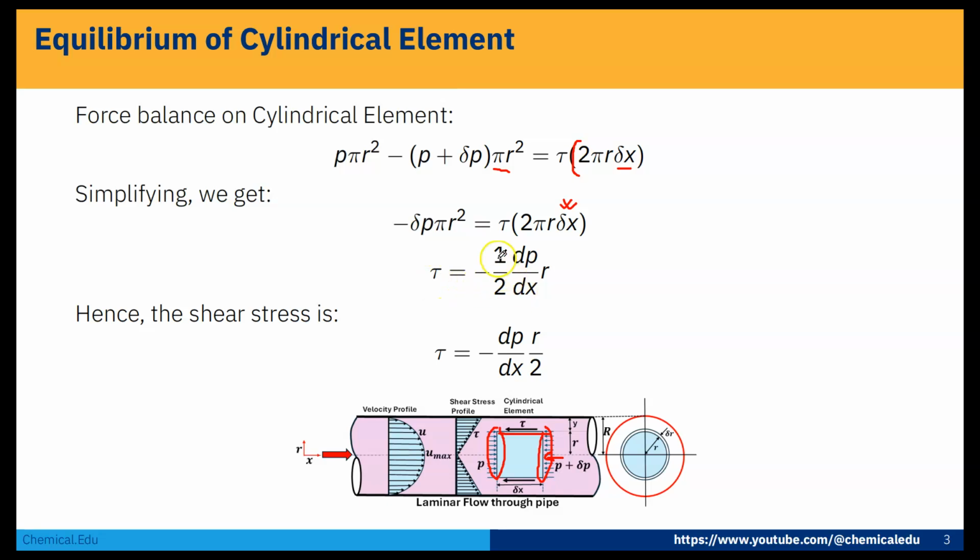So tau will be minus half dp dx r. Hence the shear stress is tau equal to minus dp by dx times r by 2. This is the shear stress on the cylindrical element. If we vary r, we can easily get the shear stress distribution.